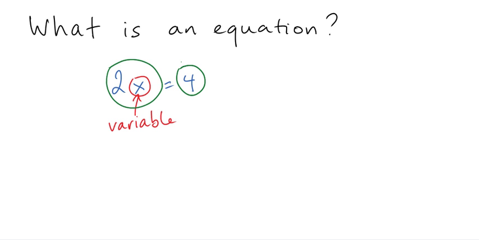Let me show you maybe an easier example to understand. If you have a weighing scale, and on one side you have 3 lollipops, and on the other side you have 1 lollipop and 1 little candy, and they are equal to the same thing. They have the same weight. So let's say this is 1 kilo, and that's 1 kilo.